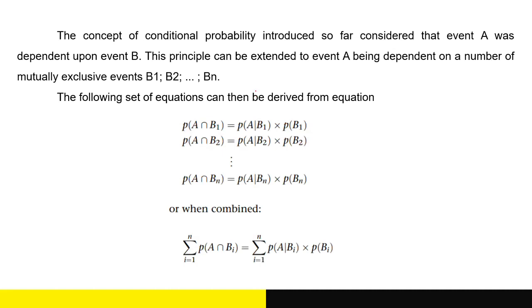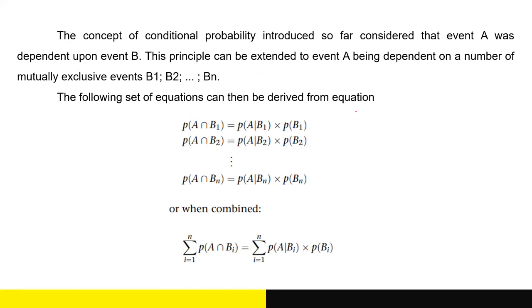So the concept of conditional probability introduced so far considered that event A was dependent upon event B. This principle can be extended to event A being dependent on a number of mutually exclusive events B1, B2, up to Bn.